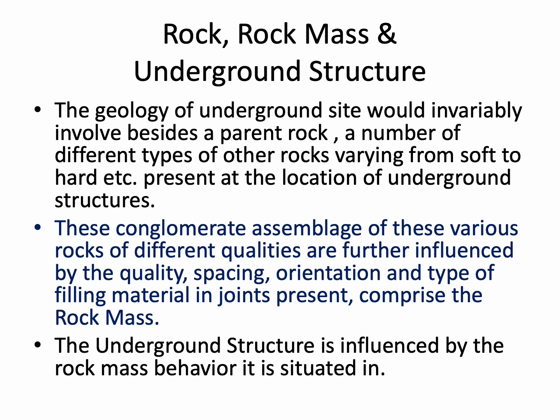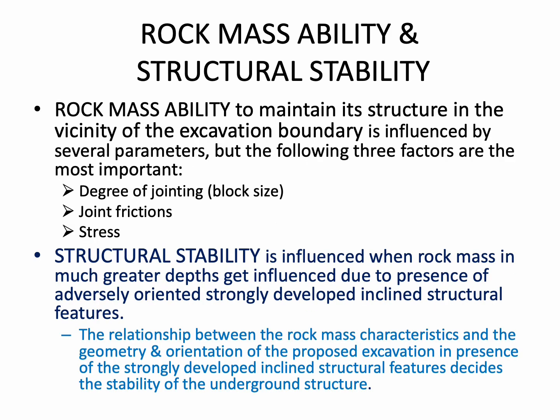Now, the underground structure is influenced by the rock mass behavior it is situated in. Rock mass stability, rather, the proper nomenclature for this would be rock mass ability and structural stability.